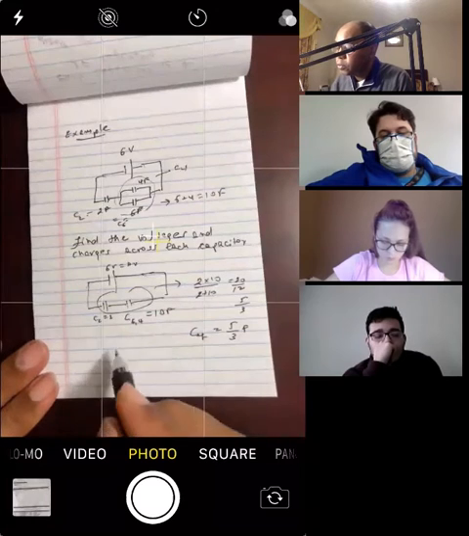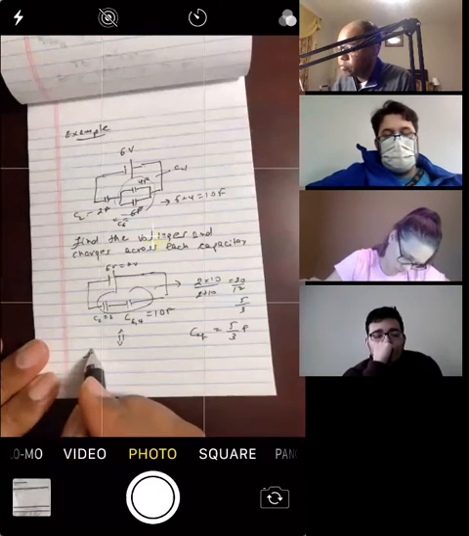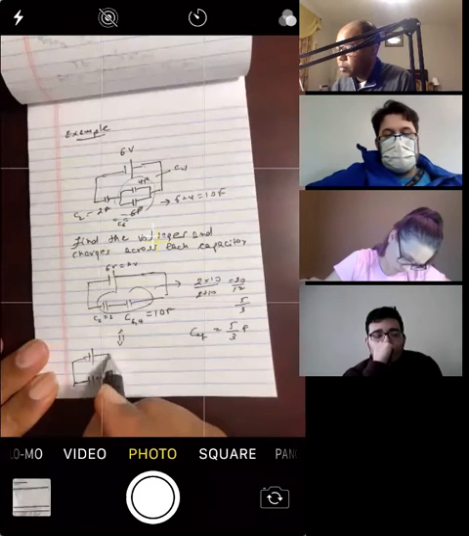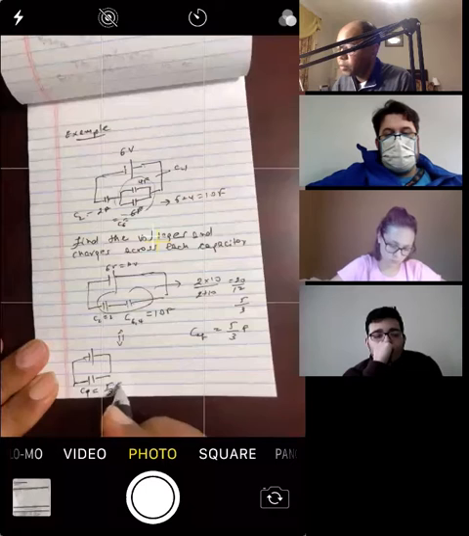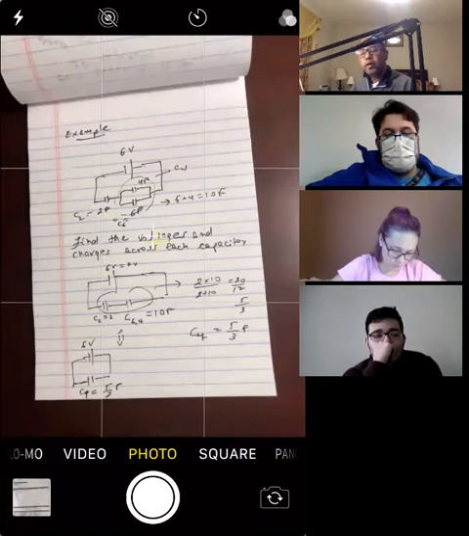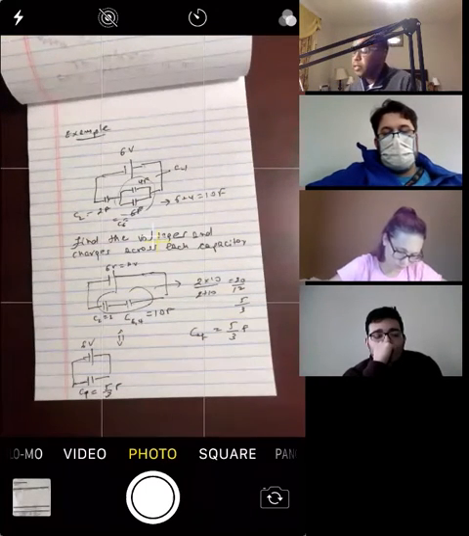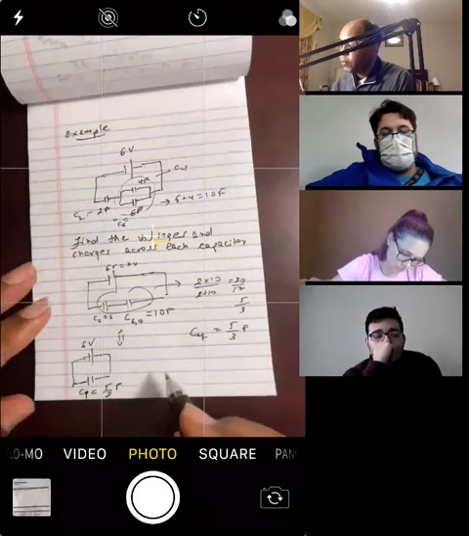Okay, so this is equivalent to the following. We have now a single capacitor, which is the equivalent capacitance CEQ equals 5/3 farad, okay? And it's 6 volts. Now I can calculate the total charge, right? Because I have only one capacitor, and that total charge is equivalent capacitance times total potential difference.